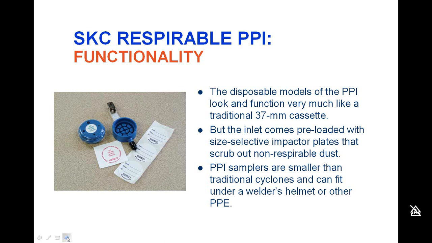But the inlet piece comes preloaded with size-selective impactor plates that scrub out non-respirable dust. Note that you are not concerned about how much particulate is collected at each of the individual inlets, but only what is collected on the final filter.